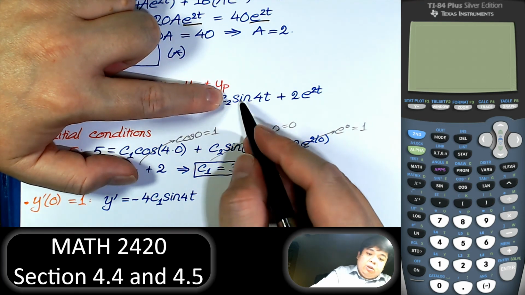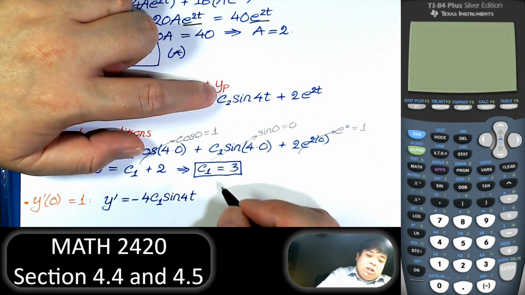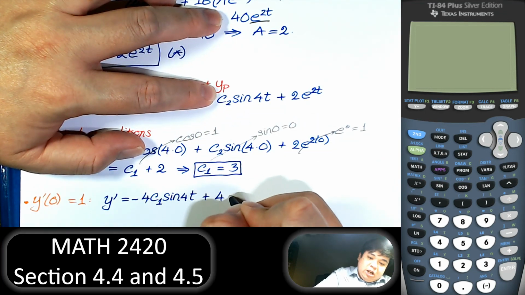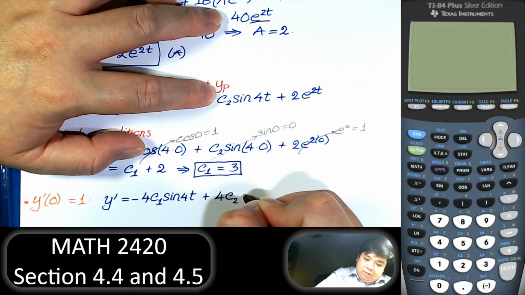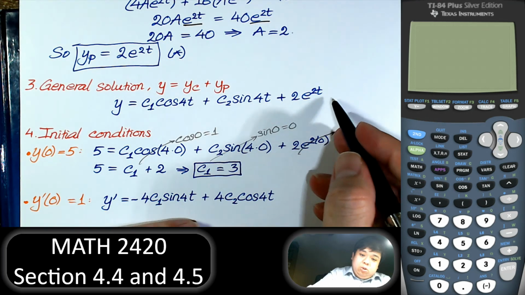Same thing here, the derivative of sine is 4 cosine, and then the derivative of 4t is 4. So don't forget, there's a chain rule. It's cosine 4t, and also the chain rule here.